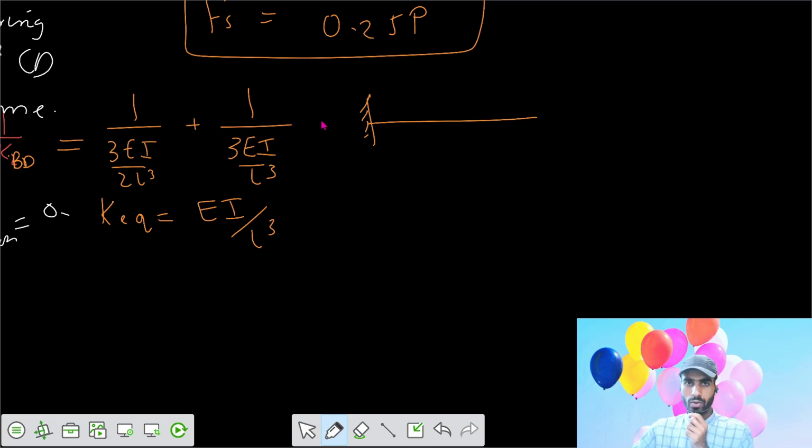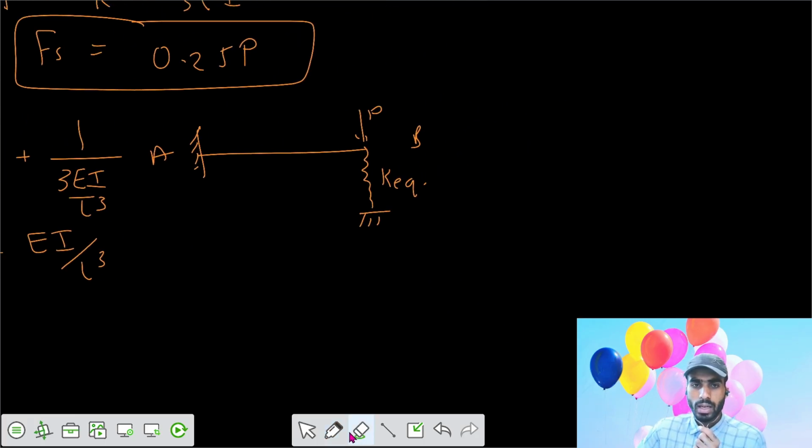Once you have the K equivalent, we can treat that as a single spring. Say this was your bar AB, subject to point load P, and your spring is also there. So this is your K equivalent. Now if you make the free body diagram, here the force is P, and the spring force is Fs. This is similar to the first question we solved on springs.